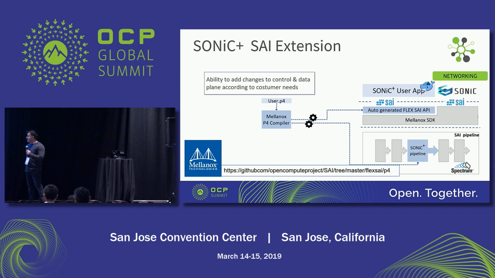We are using P4-16 for that. And as a result, the backend compiler actually creates the piece in the pipeline within the silicon, but in addition to that, we auto-generate the SAI API. So what we get out of it is a single layer of API, which includes all functionality, all the legacy SI code, but in addition to that, it includes the new functionality that you just created. So this is done and working.